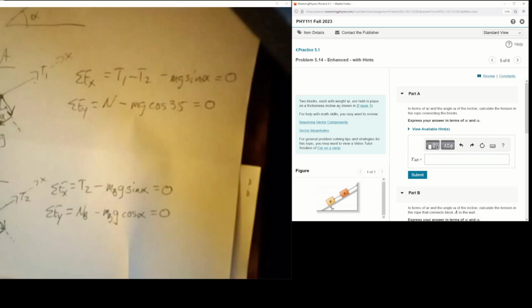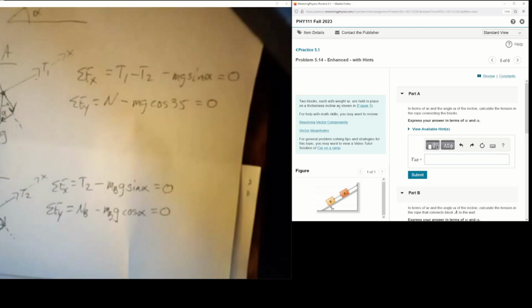And I'm going to need another piece of paper. So we got these 4 equations. And we need to figure out, how can we write tension 2 in terms of just the weight and the angle?